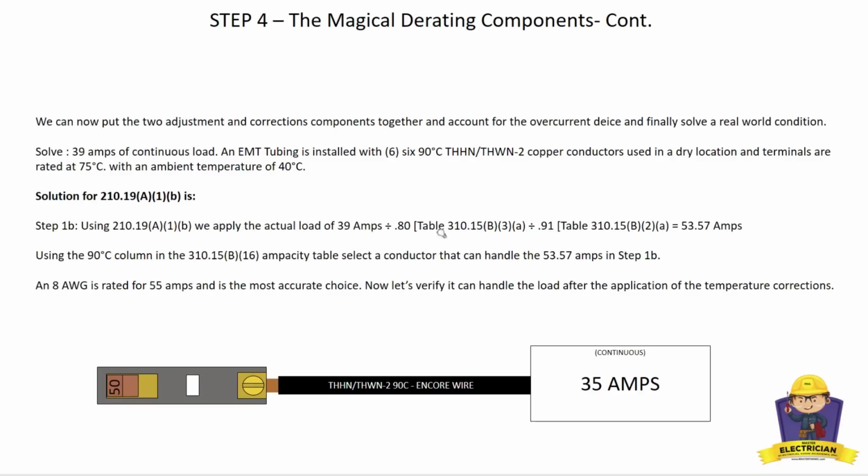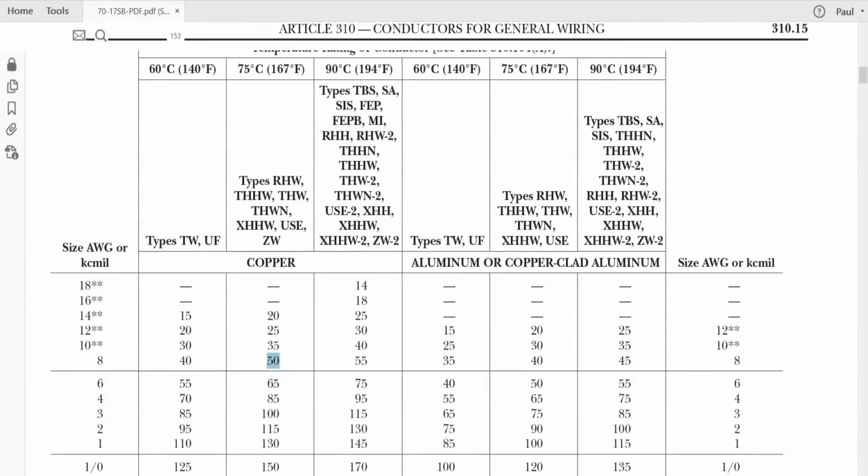And so what we do is we're trying to go up now, we're dividing, and we need to see what conductor we have to pull from the 90-degree column. And that is 39 divided by 0.80 divided by 0.91 equals 53.57 amperes. All right, so I need a conductor that's good for 53.57 amperes. All right, so we've got to go to the code, 53.57.